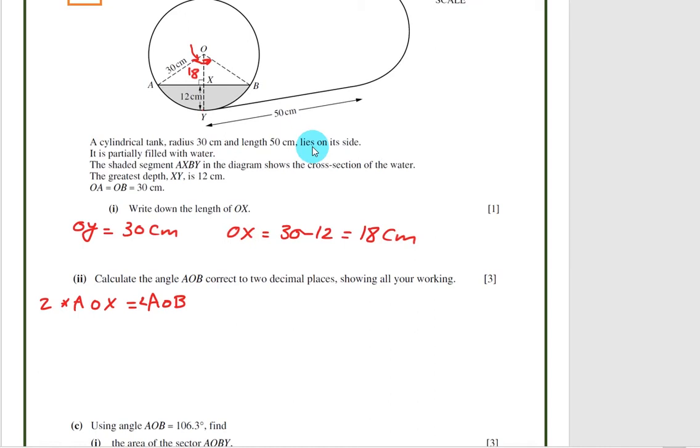From this triangle here, cosine of angle AOX is equal to OX divided by OA, 18 divided by 30.